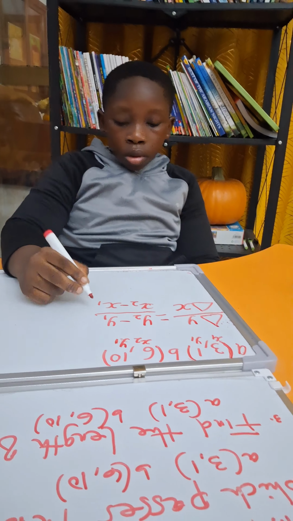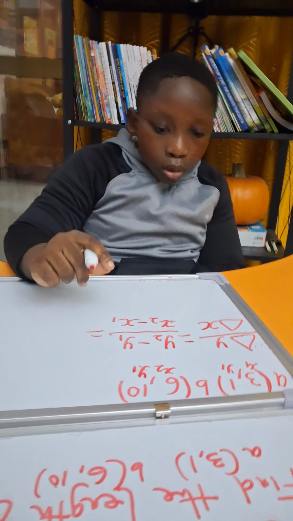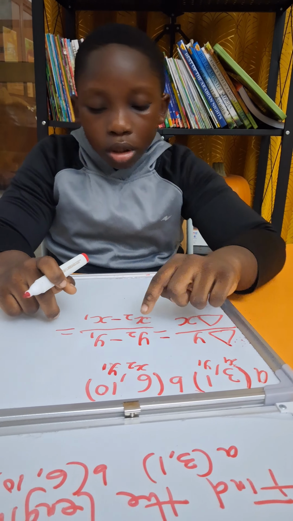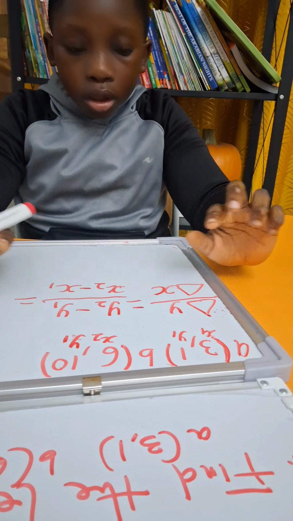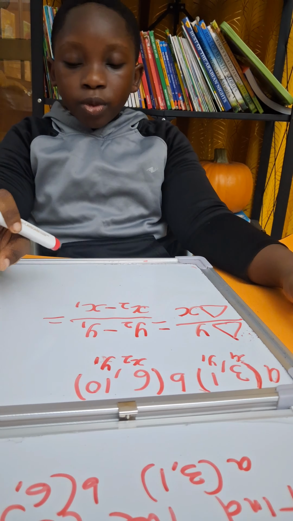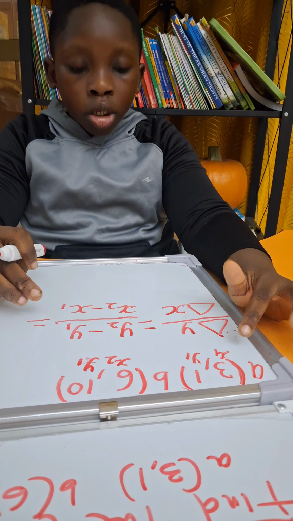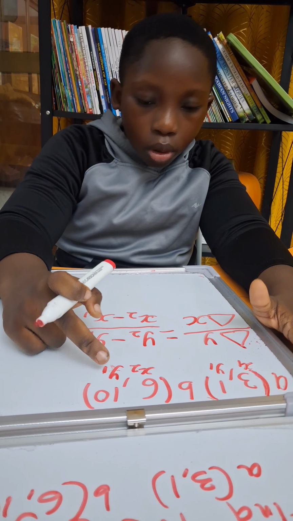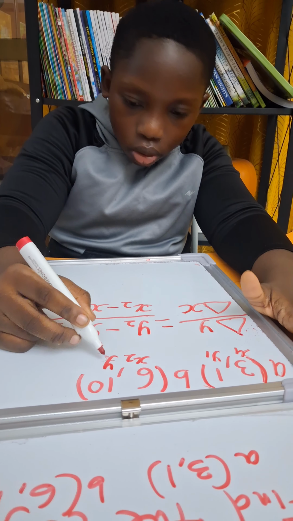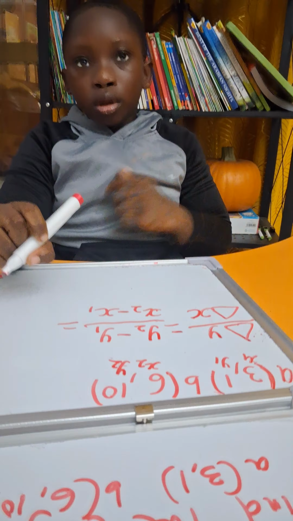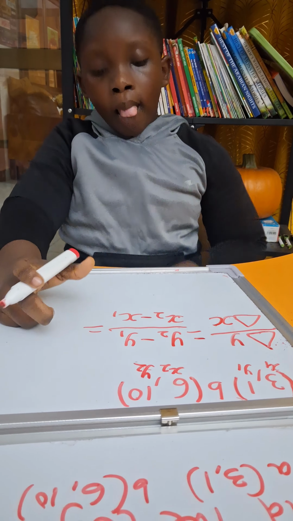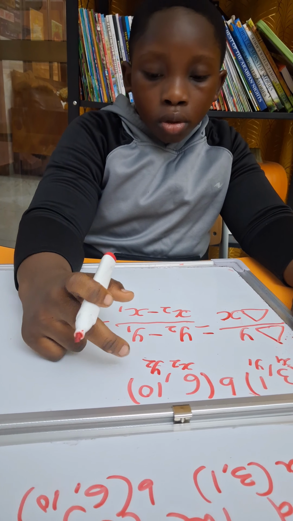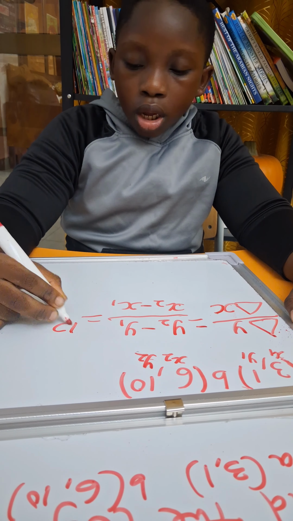Now, to solve this, we have to label. This is why we labeled the coordinates as x1 and y1, and x2 and y2. This is y2, which means that it's 10.